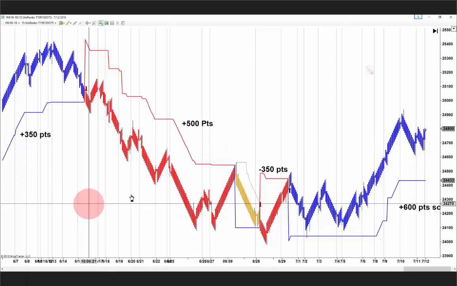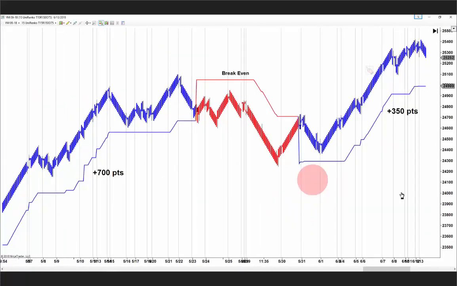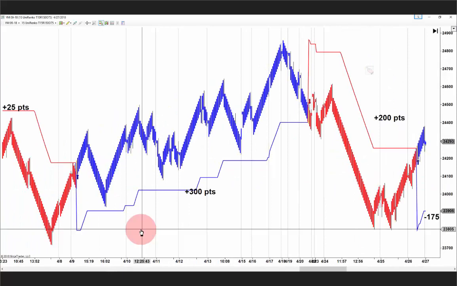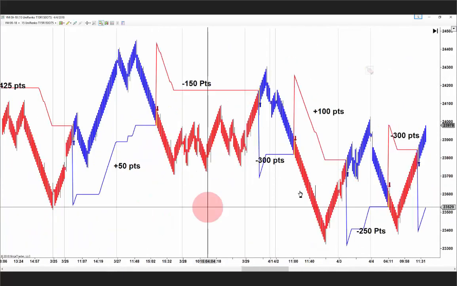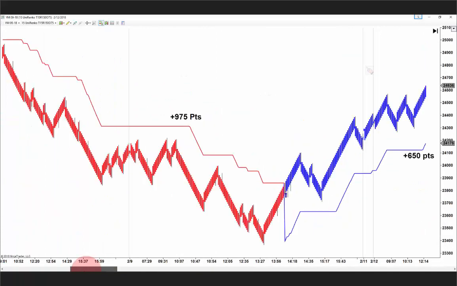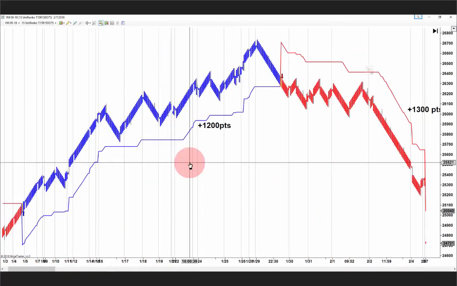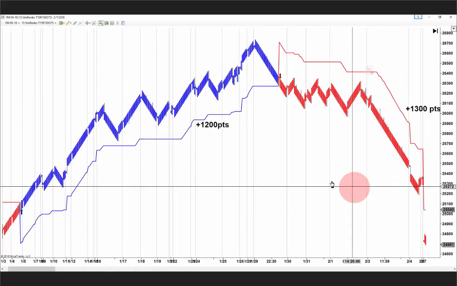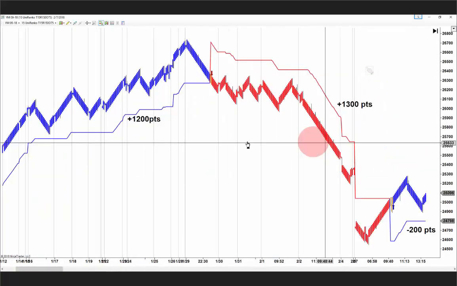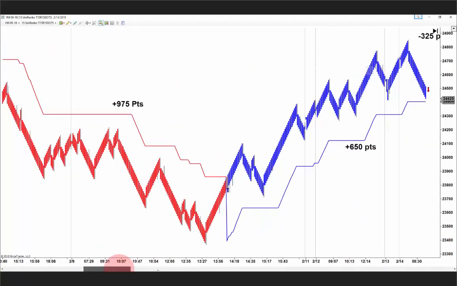Some years you get more of this type of stuff, these ginormous wins. Some years it's middle of the road, and some years are a little rougher when this kind of thing happens a little bit more frequently.